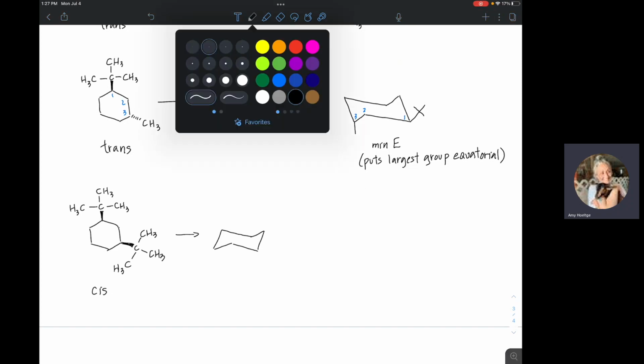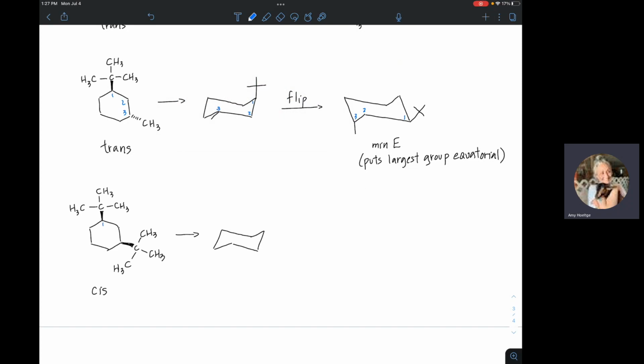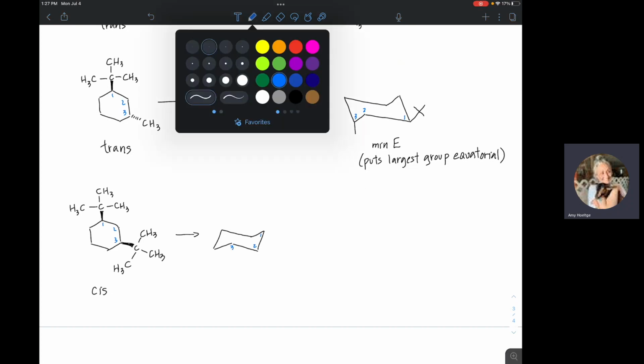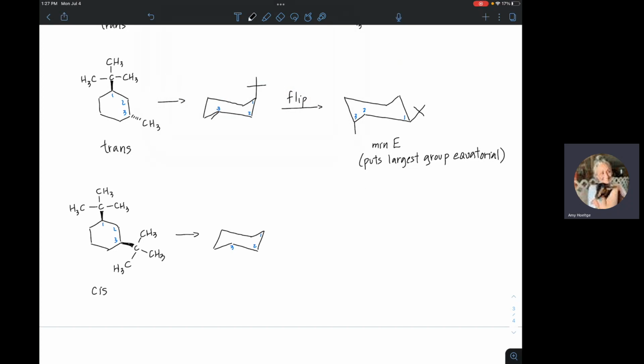and carbon 1, 2, and 3. I've got carbon 1, 2, and 3. On carbon number 1, I have a T-butyl group, and it's up. On carbon number 3, I have a T-butyl group, also up.